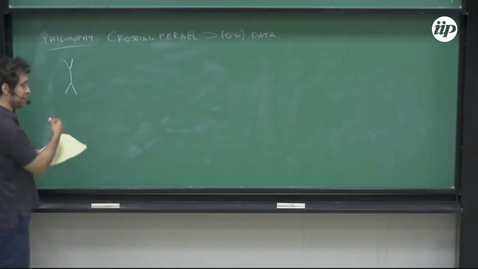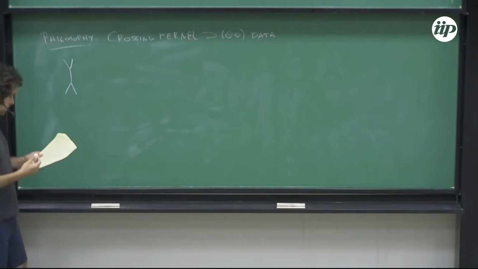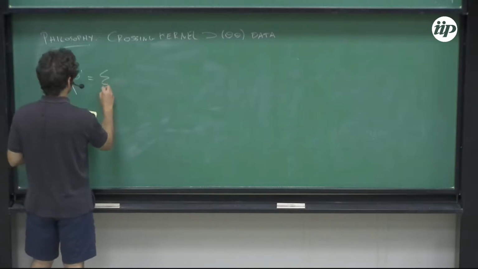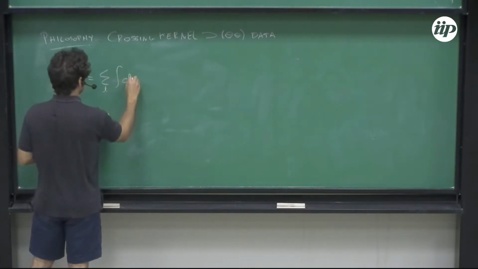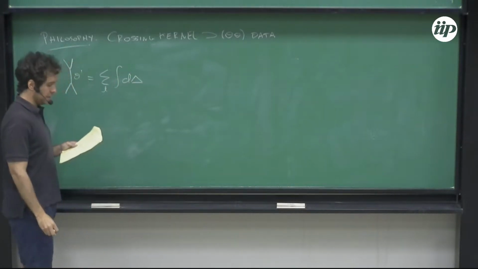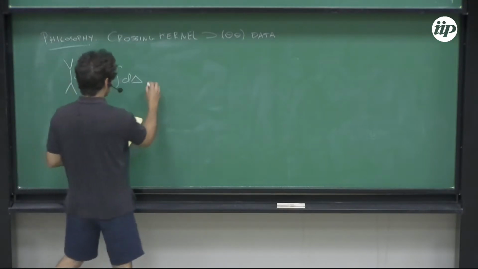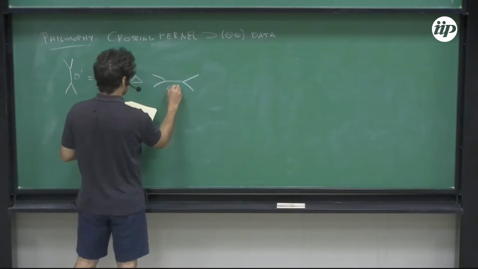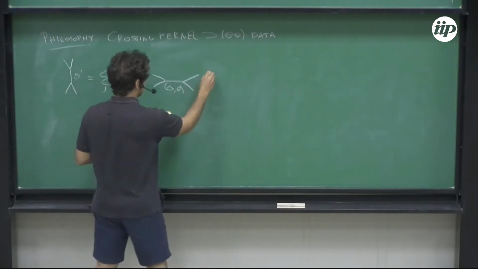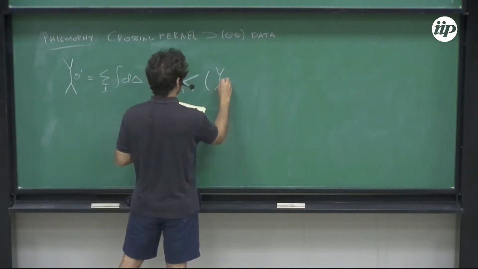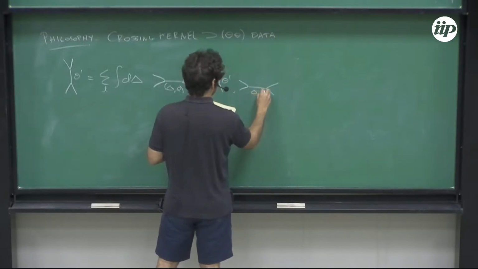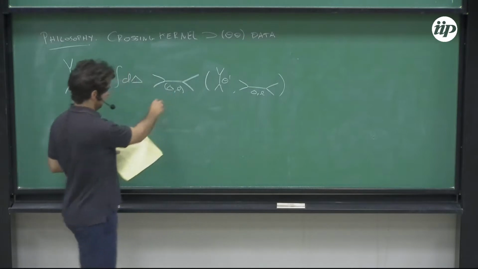If we think about a t-channel exchange in our 4-point function of O's by some operator O prime, then if we decompose it into the S channel, say as a sum over spins, and write it as some formal contour integral over dimensions, then we decompose this into some set of exchanges here, times some overlap between the t-channel partial wave and the S-channel partial wave that we're interested in.